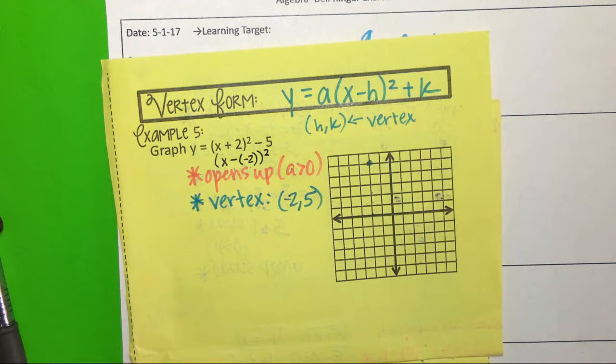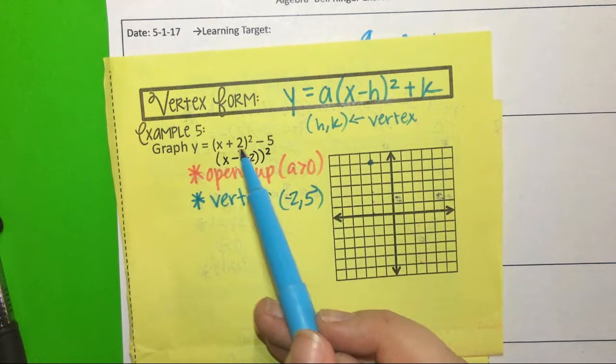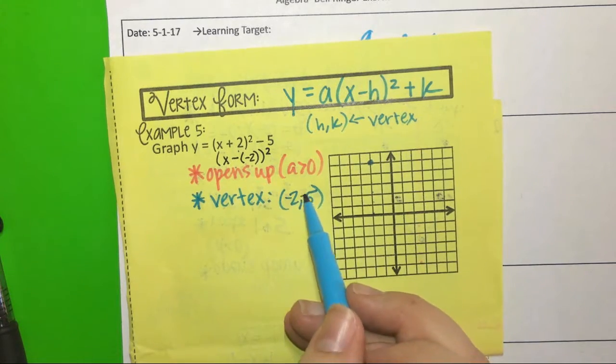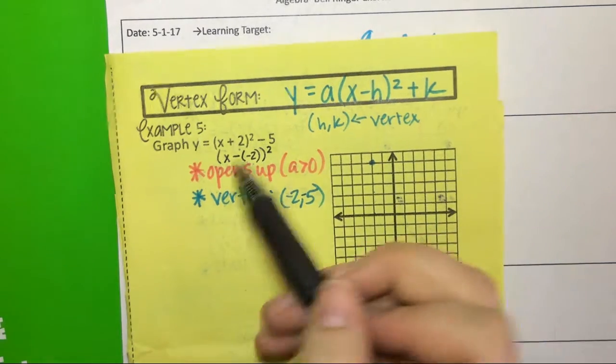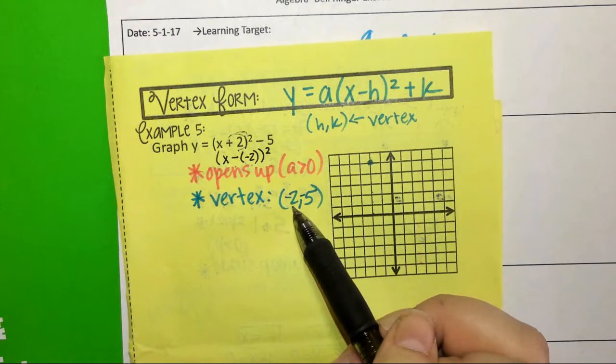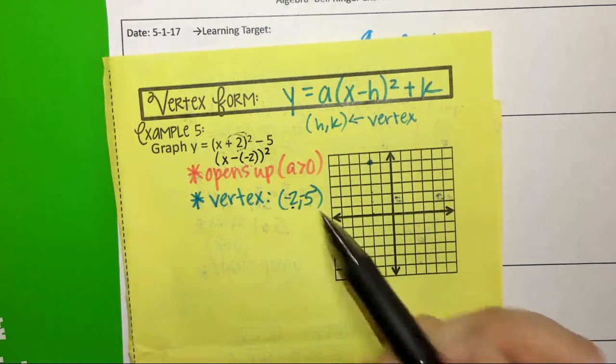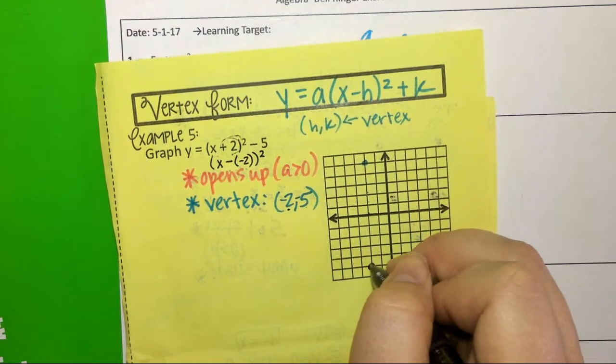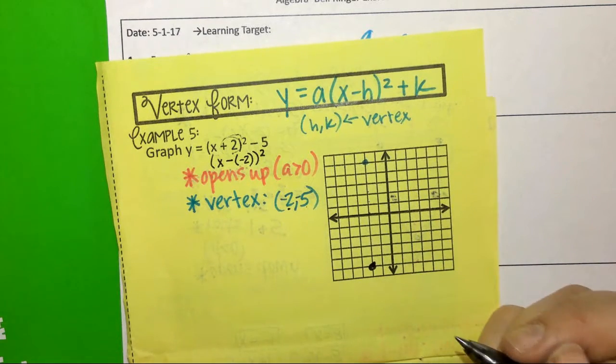I know the x coordinate is 2. I know the y coordinate is a 5. I'm debating the signs. The x coordinate ends up being the opposite sign. So it said a plus 2 here, so it ends up being a negative 2. The y coordinate stays the same. So it is going to work on our graph because the vertex is at negative 2, 5.